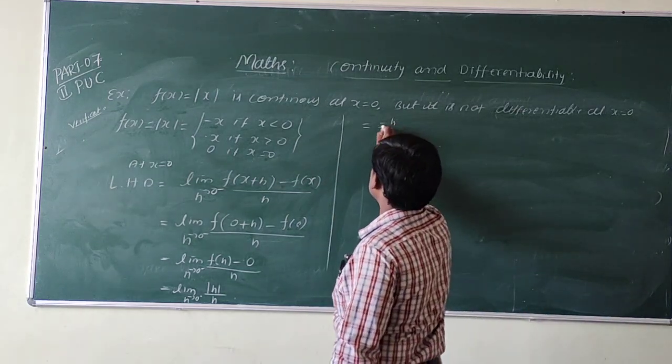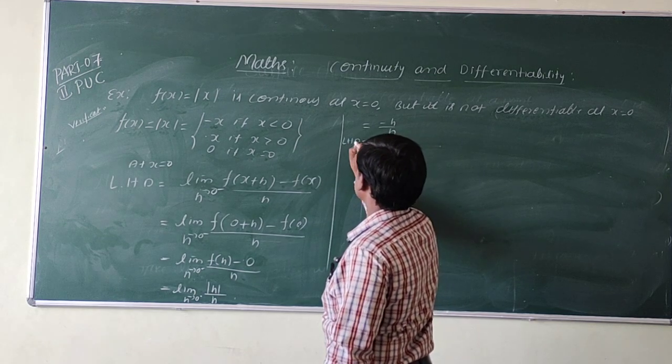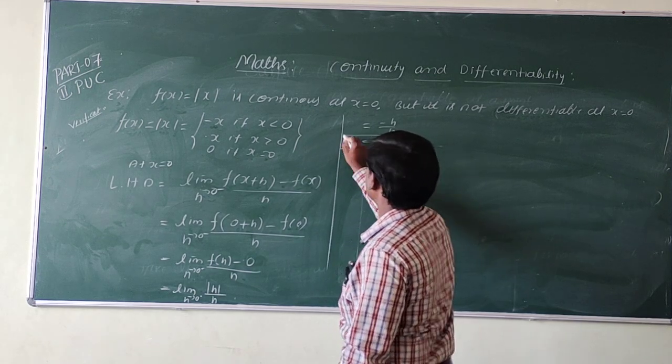So this is the limit of minus h divided by h as h tends to 0 minus, which is equal to minus 1. Therefore the left hand derivative is minus 1.